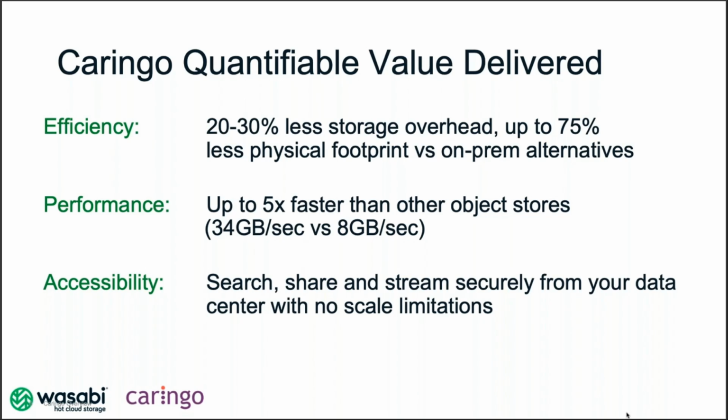Can they use 95% of a disk? And so we're happy to share with you how we came up with these numbers, but we can be 20 to 30% less overhead than other solutions, and also significantly reduce the physical footprint of other solutions when you compare us to other on-prem storage.